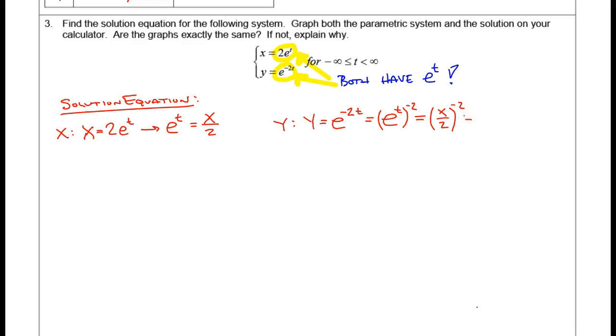If you recall properties of exponents, this is the same as 2 over x squared, because a negative exponent means reciprocal. From there we can simplify and say y equals 4, that's 2 squared, divided by x squared. And that is our solution equation.